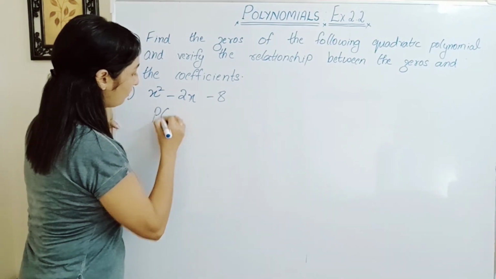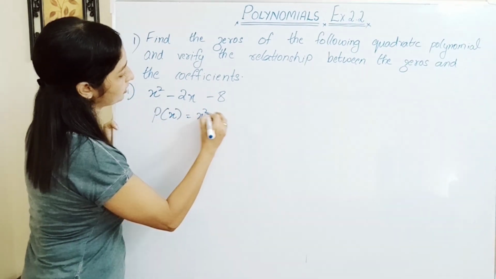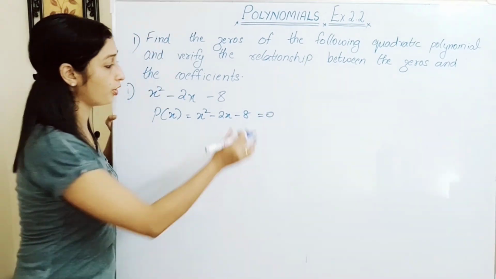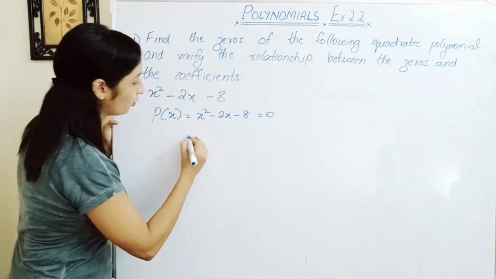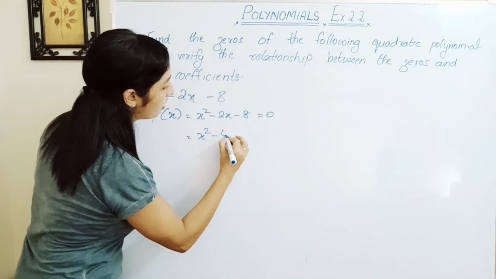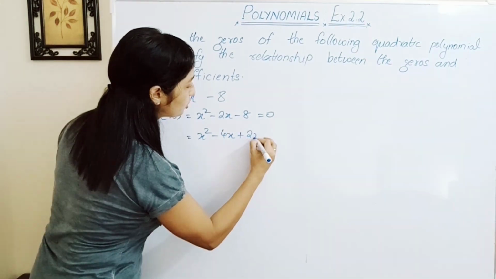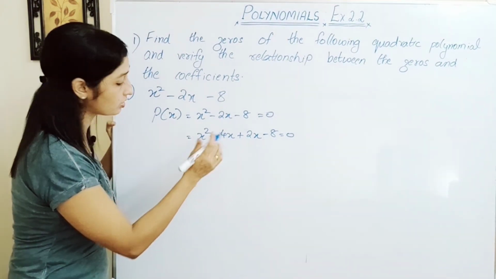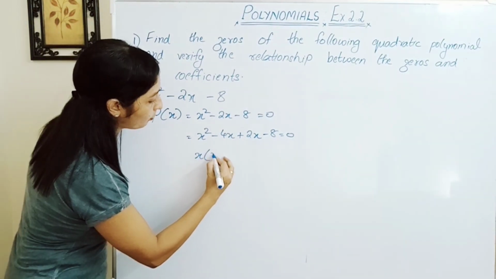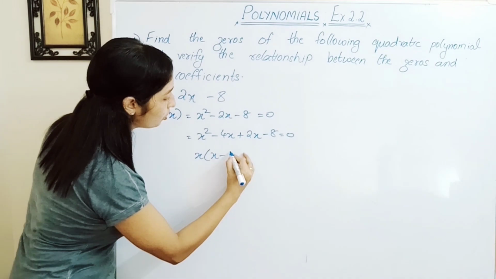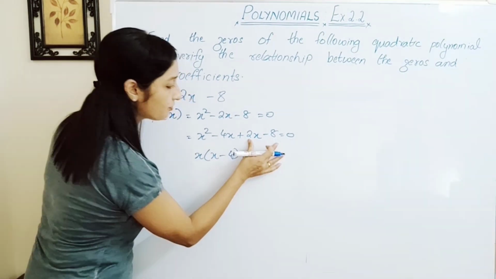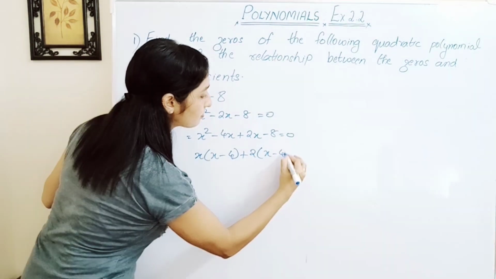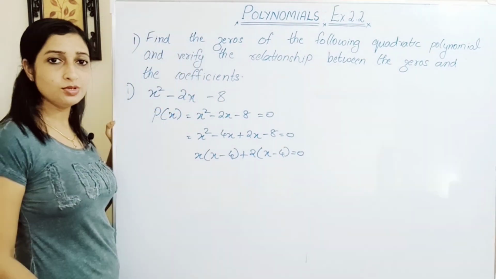So here p of x is equal to x square minus 2x minus 8 is equal to 0. Now when we split the middle term, what do we get? We get x square minus 4x plus 2x minus 8 is equal to 0. From the first two terms, I take x common. So I get x into x minus 4, plus from here I take 2 common, so I get 2 into x minus 4 is equal to 0.